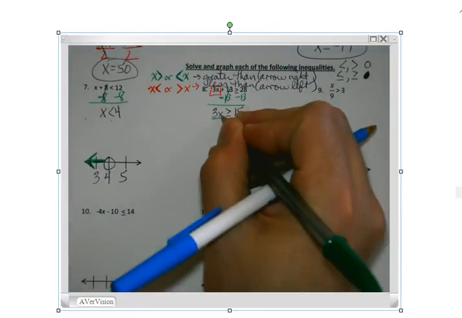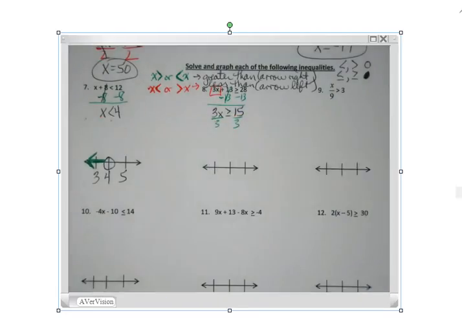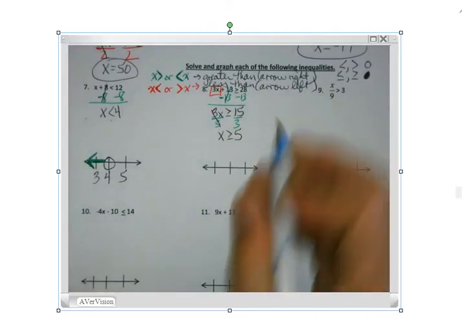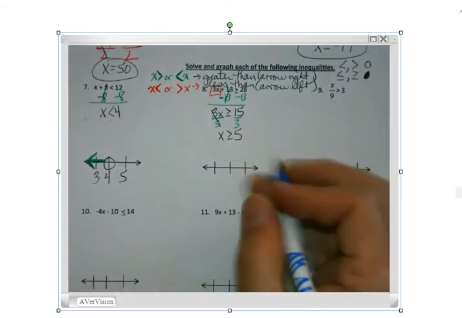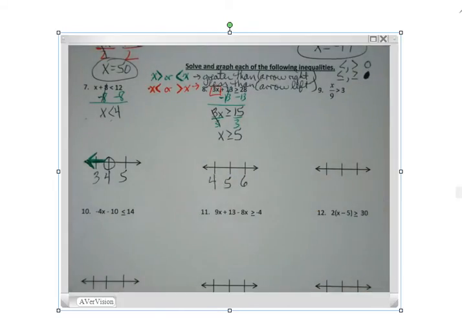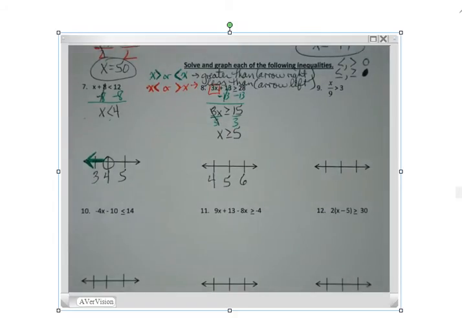And divide by 3. Okay, so let's see. 5, 1 more is 6, 1 less is 4. And again, the order matters here. So in a number line, your values always go greater as you go to the right. So since 6 is bigger than 5, it's got to be to the right of 5. If 4 is less, it has to be to the left.